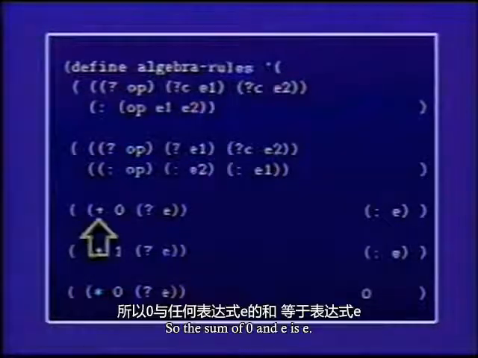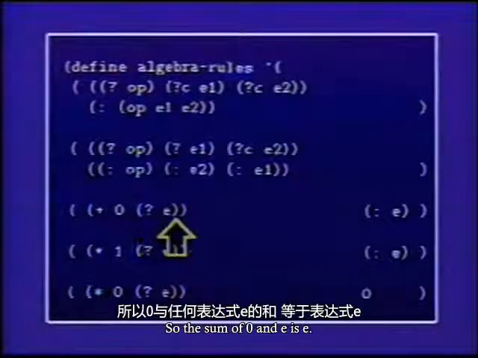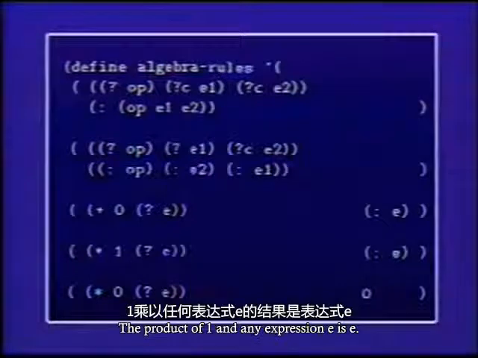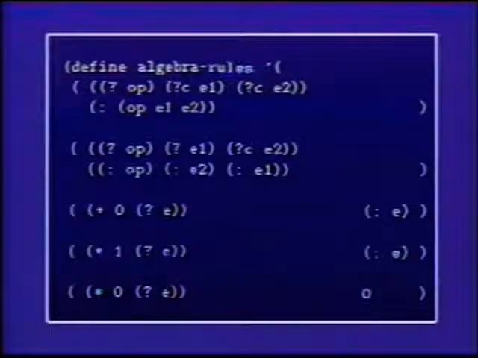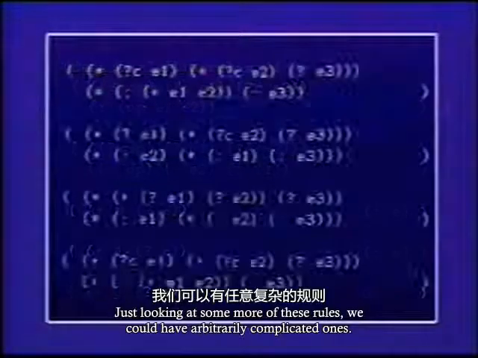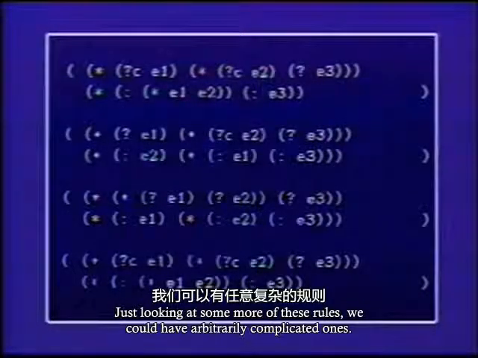So the sum of 0 and E is E. The product of 1 and any expression E is E. The product of 0 and any expression E is 0. Just looking at some more of these rules, we could have arbitrarily complicated ones.